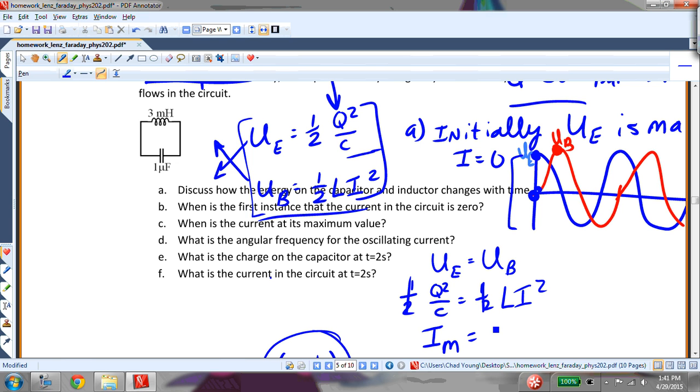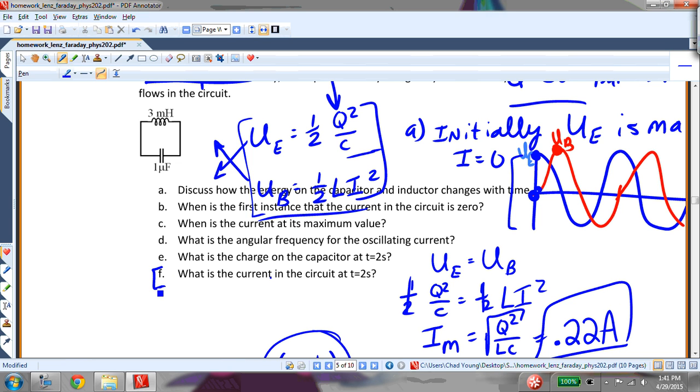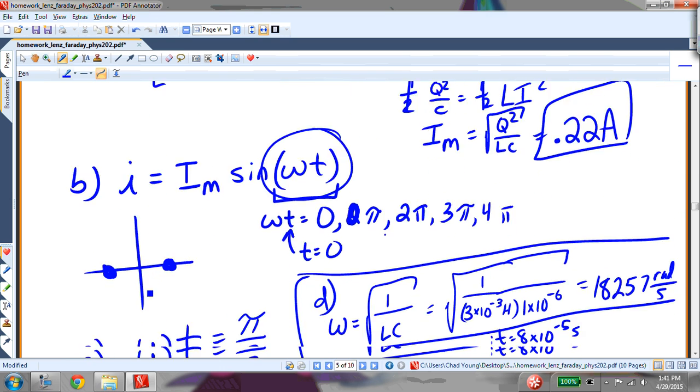Those halves cancel out. I get Q squared over LC, square root of that. I know Q, it's 12 microcoulombs, and I know L and C, of course. Let's see, I think I've already calculated this. It is going to be 0.22 amps. So that is my maximum current, which you need to find part F. And now that I find part F, I just plug that in.